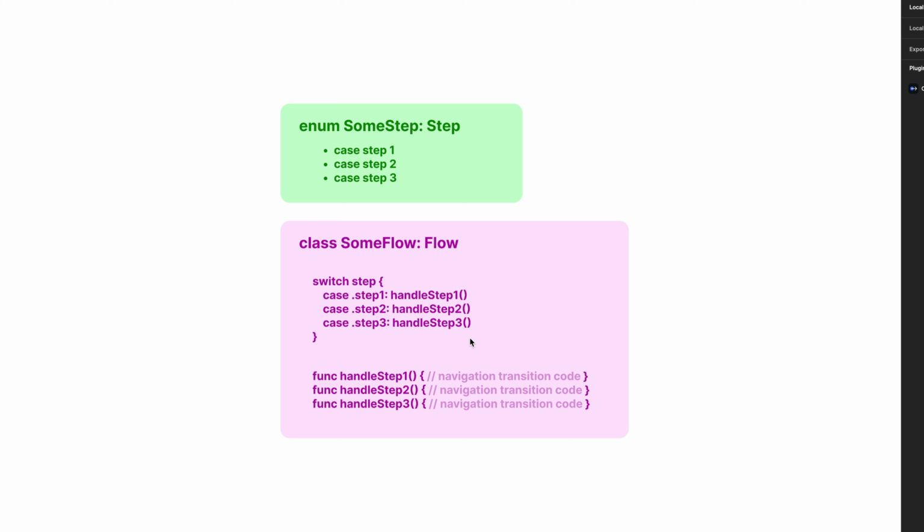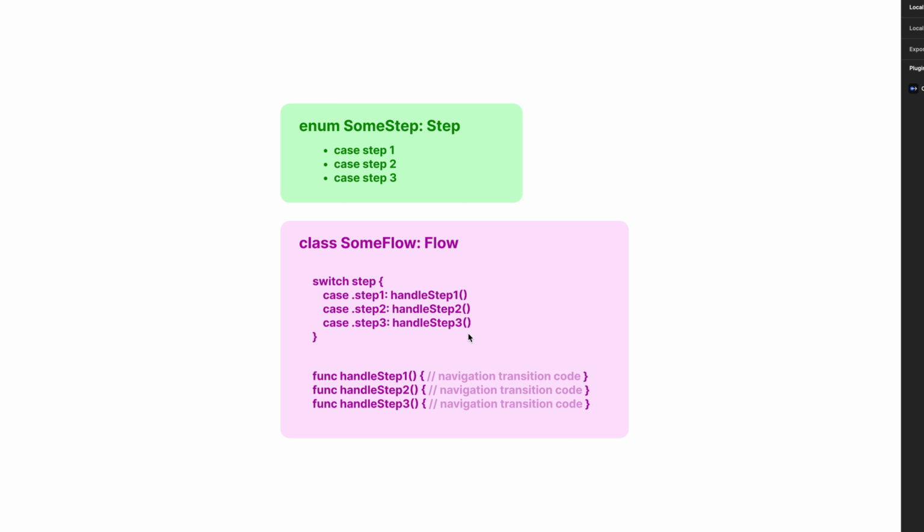A flow object is an example of a custom class type with a superclass Flow, the special data type from the RxFlow library. And every flow in our navigation system will be a subclass of this type Flow.